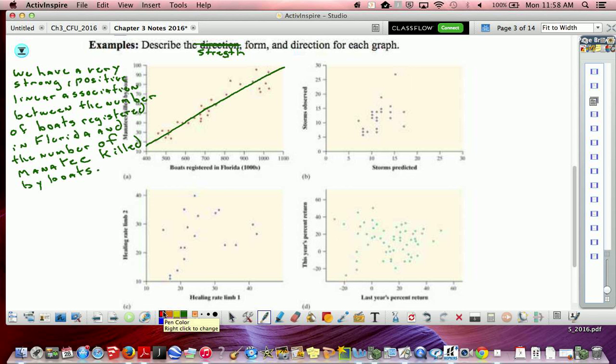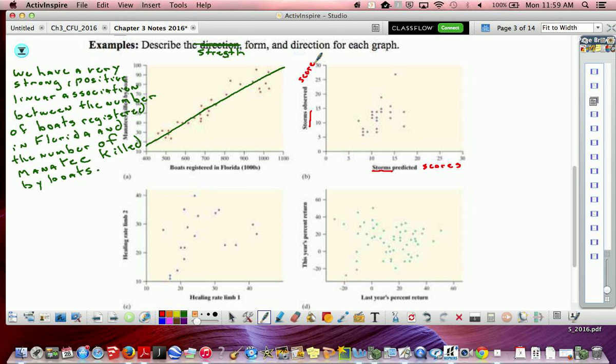Alright, so trying to figure out what the next one is. It says Starnes predicted, Starnes observed. I know that Starnes is the author of our book and he's a stats teacher, so my guess is these are predicted scores and these are observed scores, maybe scores on a test.